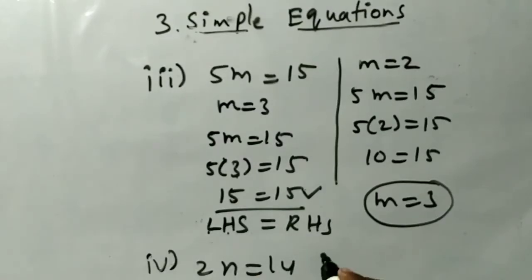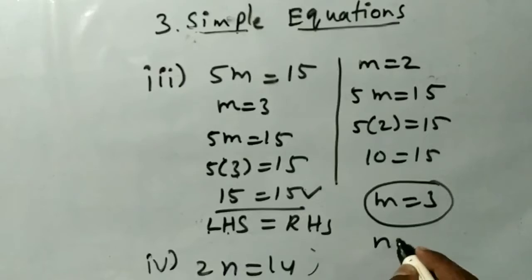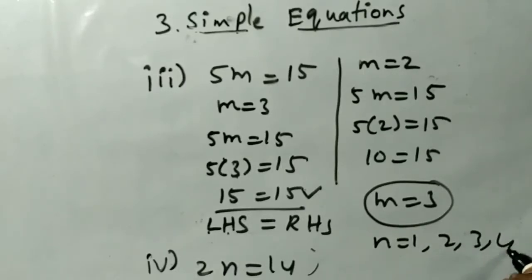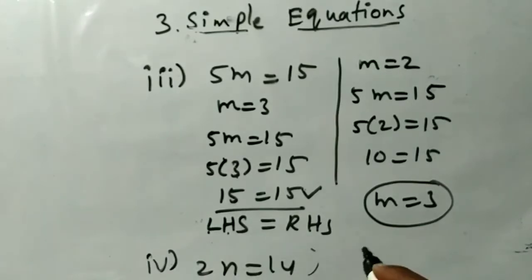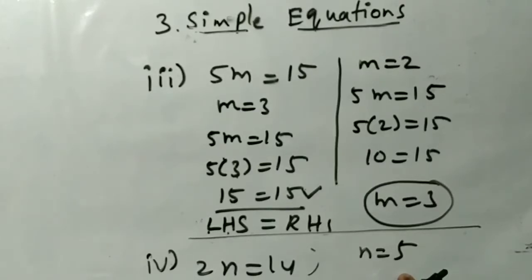So just substitute the values n is equal to 1, 2, 3 and so on, until you get the answer 14. Let's think n is equal to 5. We are just assuming as an example whether the answer is correct or not. So n is equal to 5.